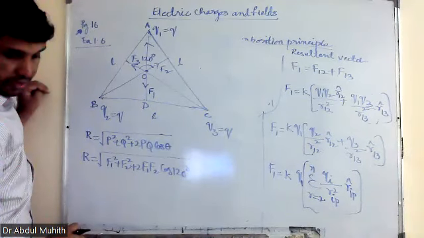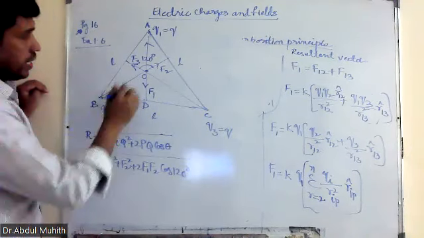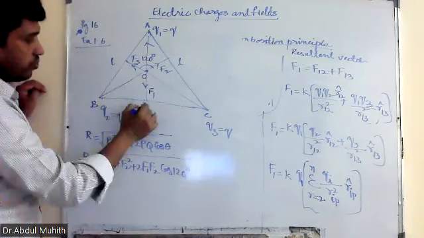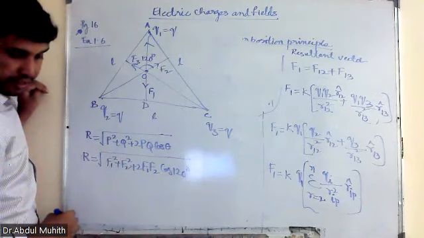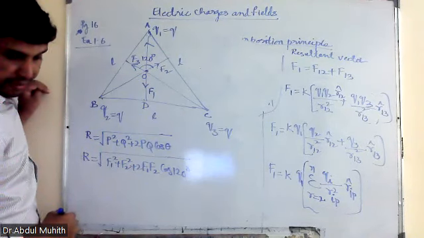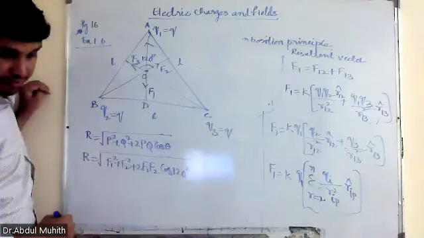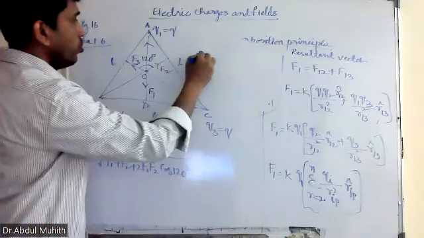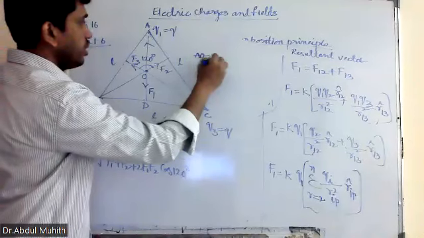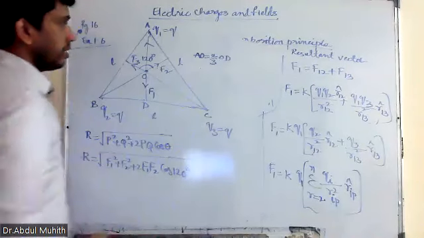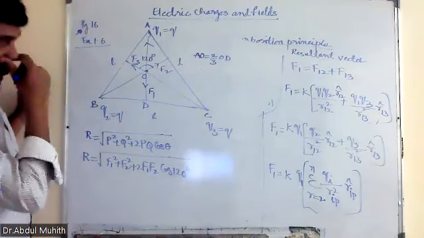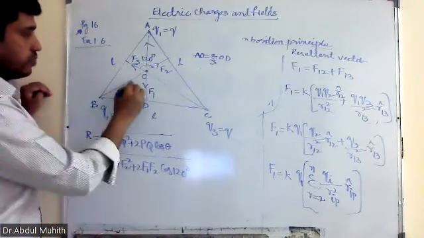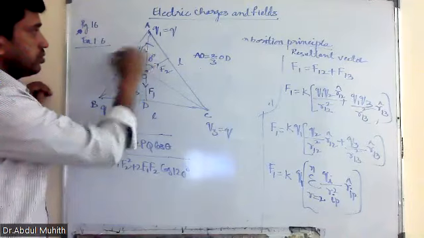So if this is the centroid, AO is 2/3 times of OD. AO equal to 2/3 times of OD. Clear? So this is 2/3 and this is 1/3.